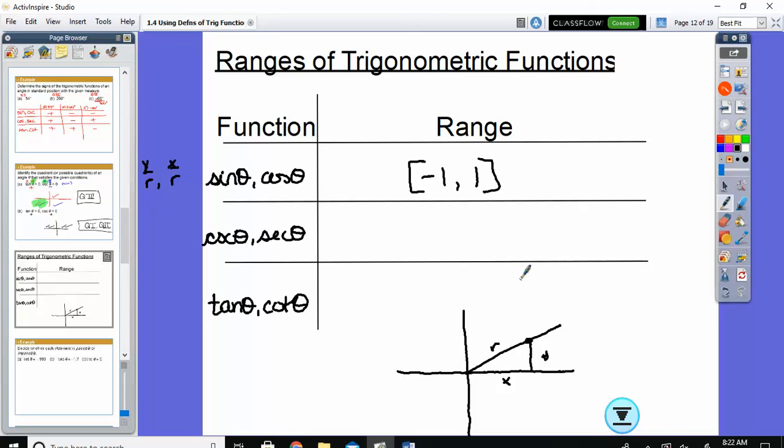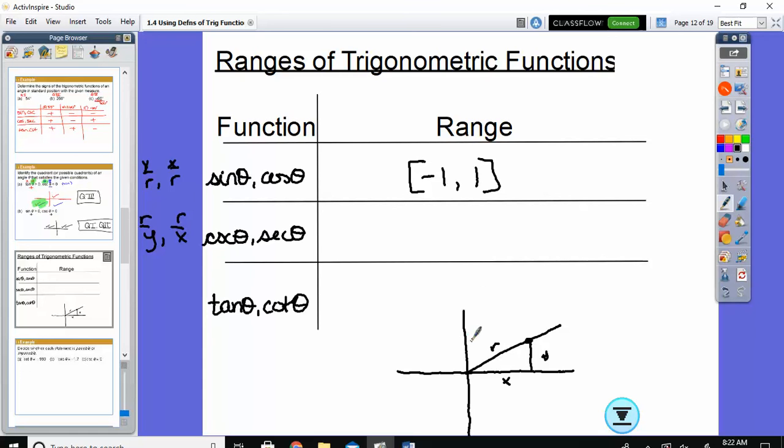Now cosecant and secant are the reciprocals. So with those, it's flipping it. It's r divided by y or r divided by x. Now r is now the bigger number. So if you take 10 over 5 or 10 over 8 or 10 over 9, what kind of number are you getting? Bigger than 1.